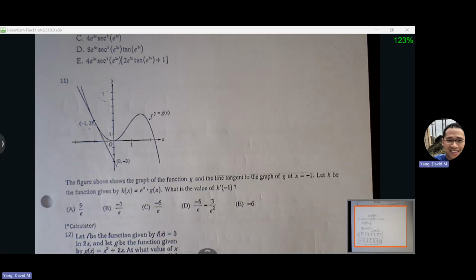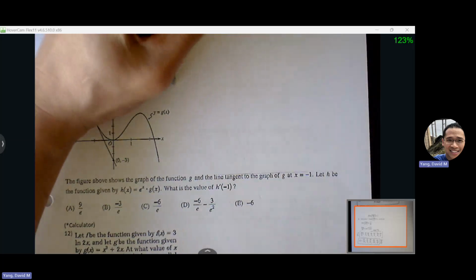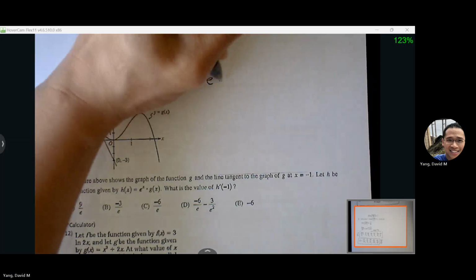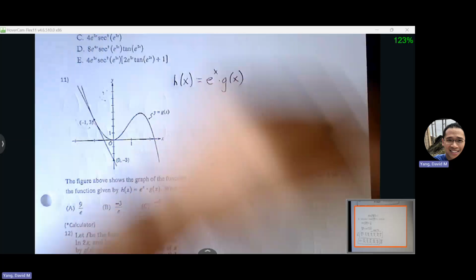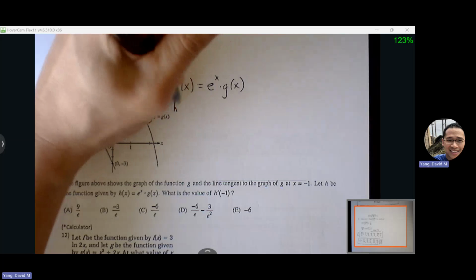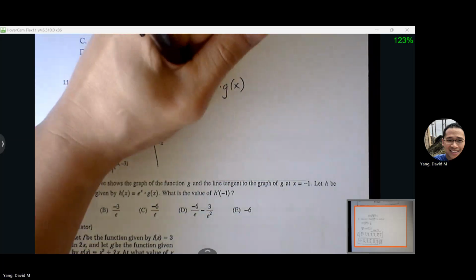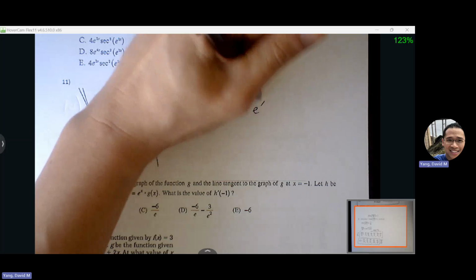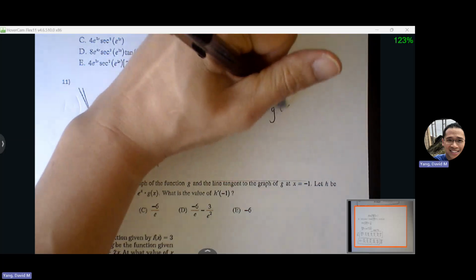We want to find h prime of -1. So let's first find our way to h prime of x. To get to h prime of x, we see the need for product rule, right? We have two separate terms that are being multiplied. So f prime times g plus f g prime.